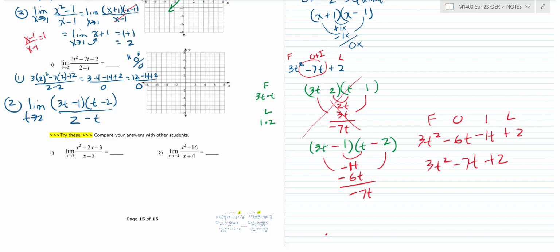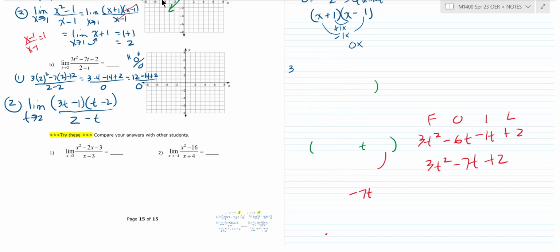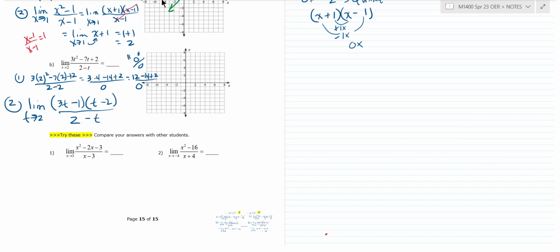You can always take snapshots and pause the video anytime you want to, but I want to discuss one more thing about this problem in enough detail so you'll remember how to approach this when it comes up. The thing you see happening on this is these factors right here.